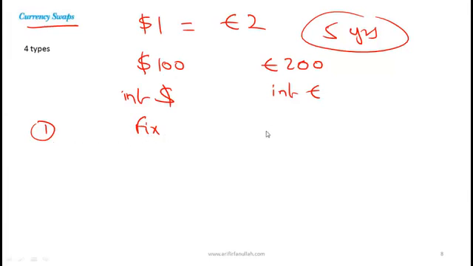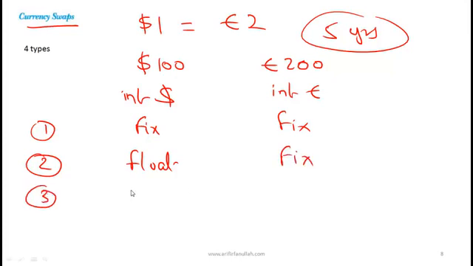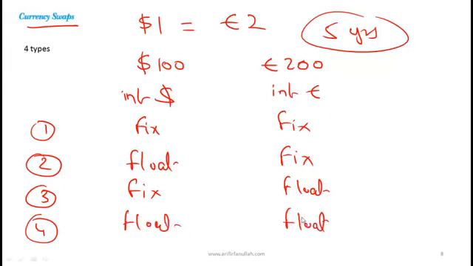Fixed would mean upfront we will fix what rate I pay in dollars and what rate you pay in euro. And what else? I could pay a floating rate in dollars and you pay a fixed rate in euros, or I can pay a fixed rate in dollars, you pay a floating rate, and what's the final possibility? A float and float. Okay, so these are the different options.